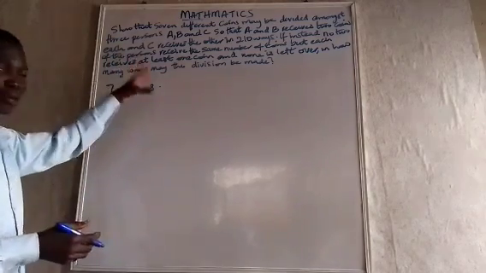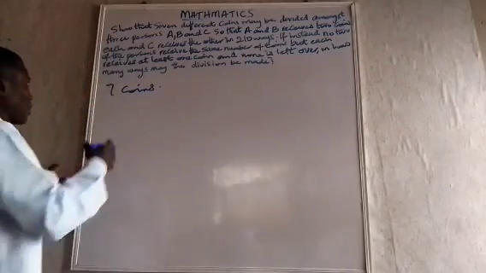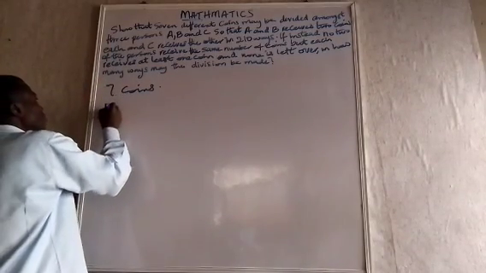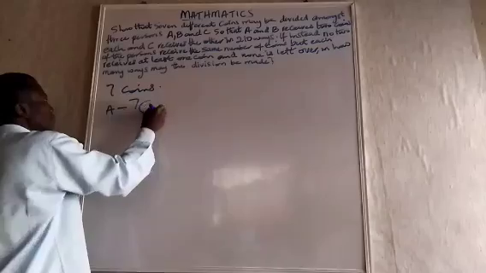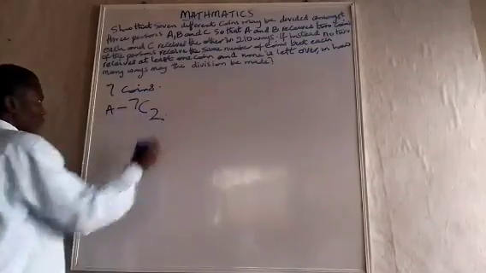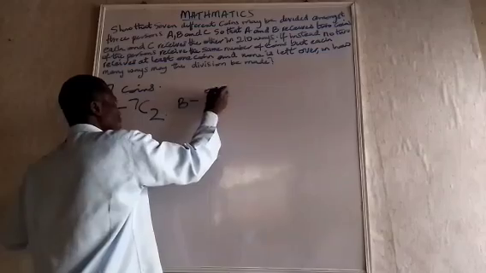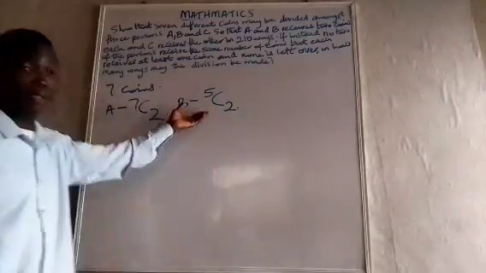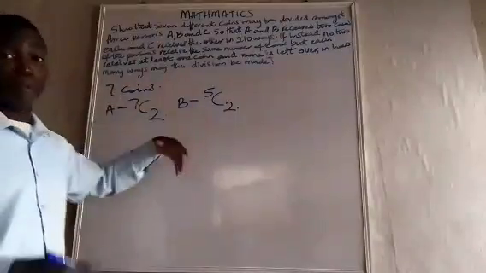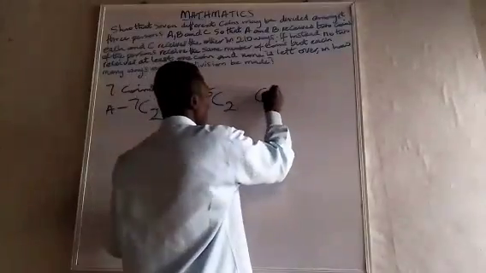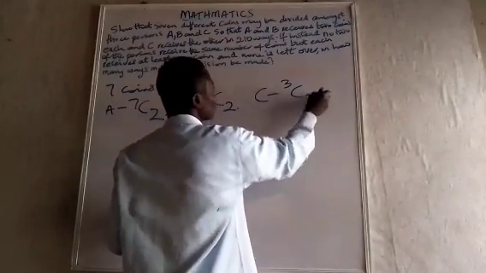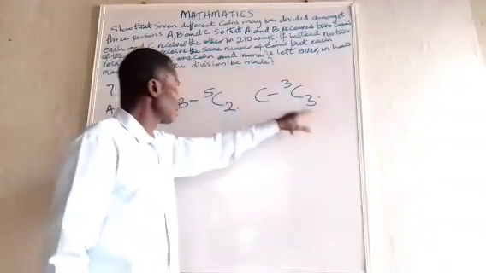So, A has the opportunity of making 7 combination 2. That's the choice for A. For B, 5. B can be the first to select also. C can be the first to select. And C, 3. So you can see, you can start even with C. You can say 7C3, 5C2.